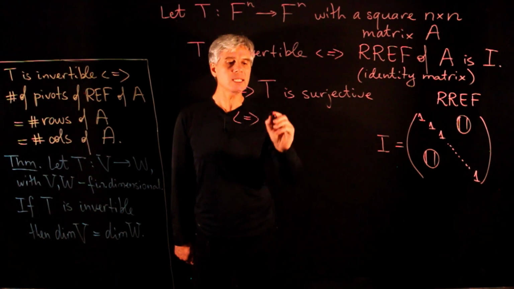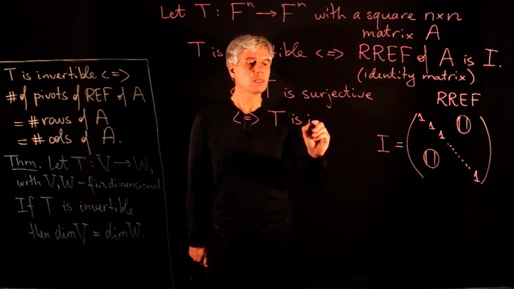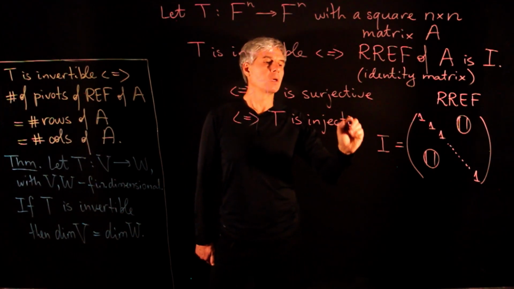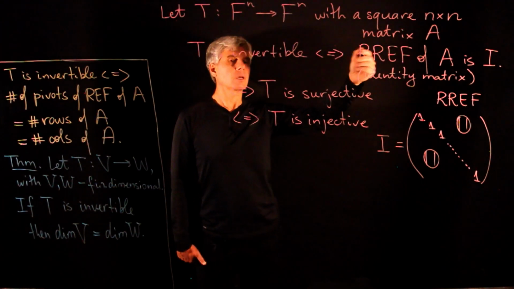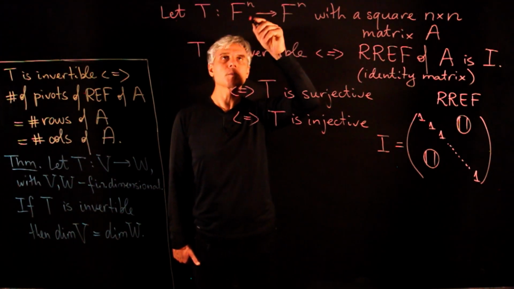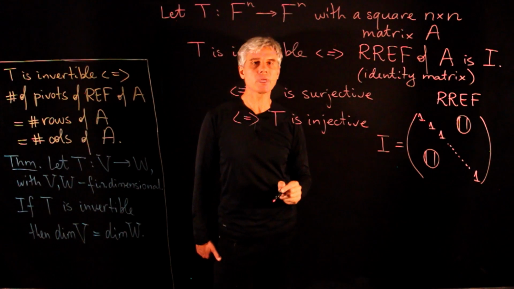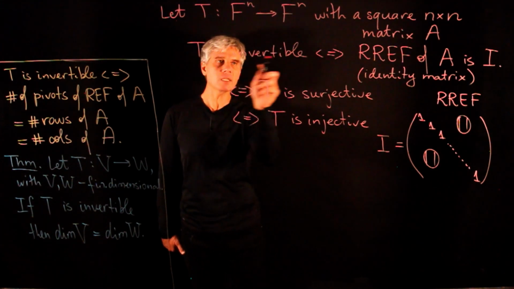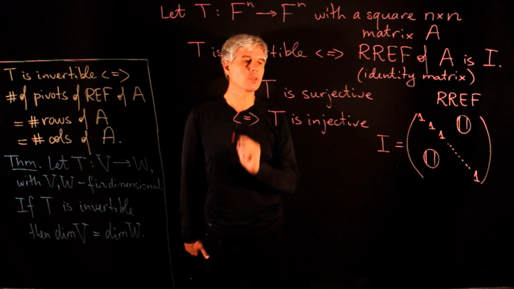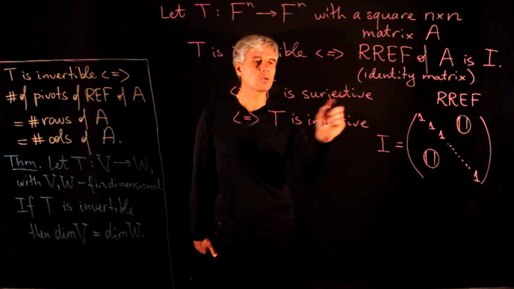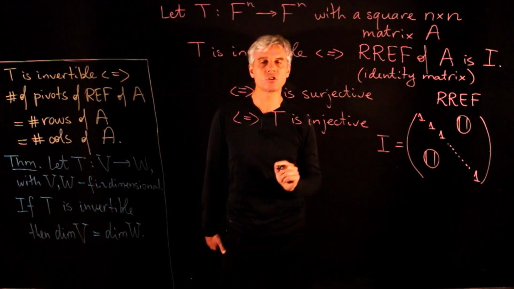So what we see for n by n transformations, right? So for transformations from n-dimensional space to n-dimensional space, invertibility is equivalent to just one of the two properties, that T is surjective or T is injective.